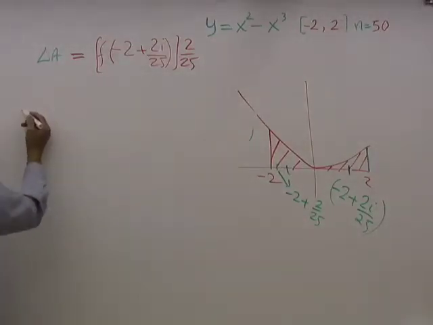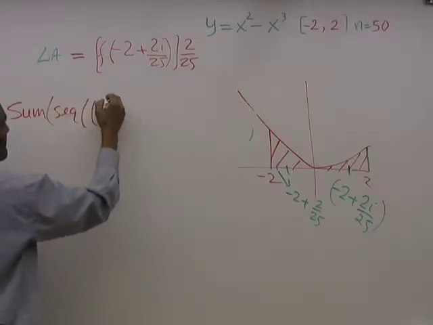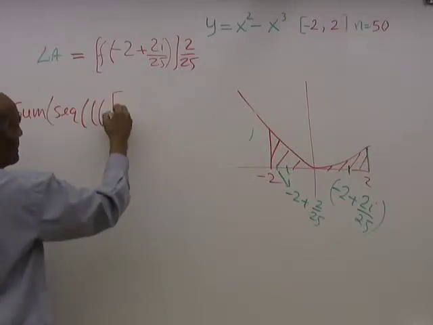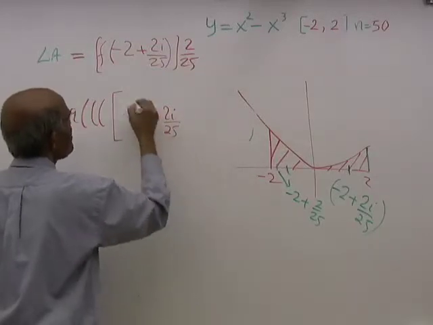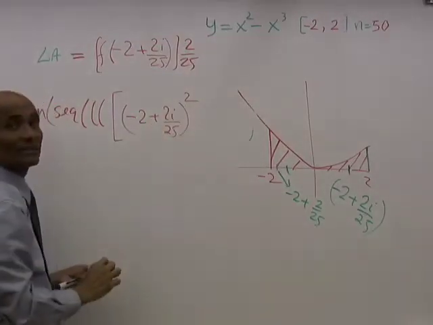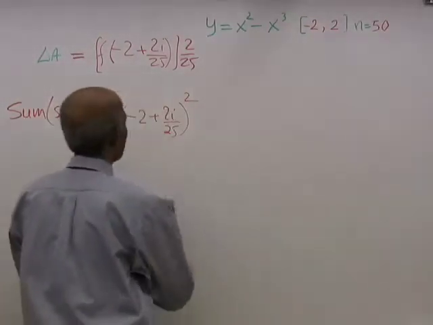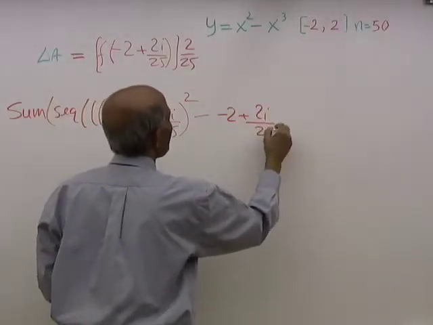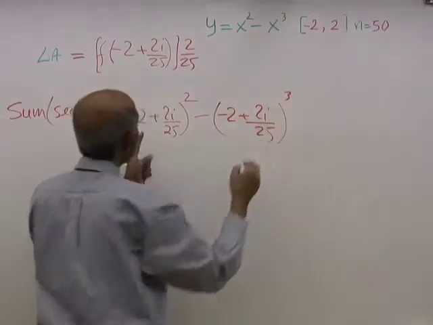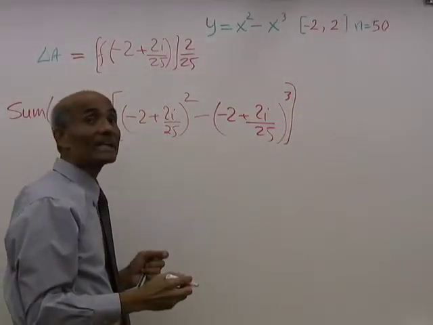And so, when you write it as a summation, what will it be? Well, it will be negative 2 plus 2i over 25 squared, minus negative 2 plus 2i over 25 cubed, that is x squared minus x cubed, all multiplied by delta x.